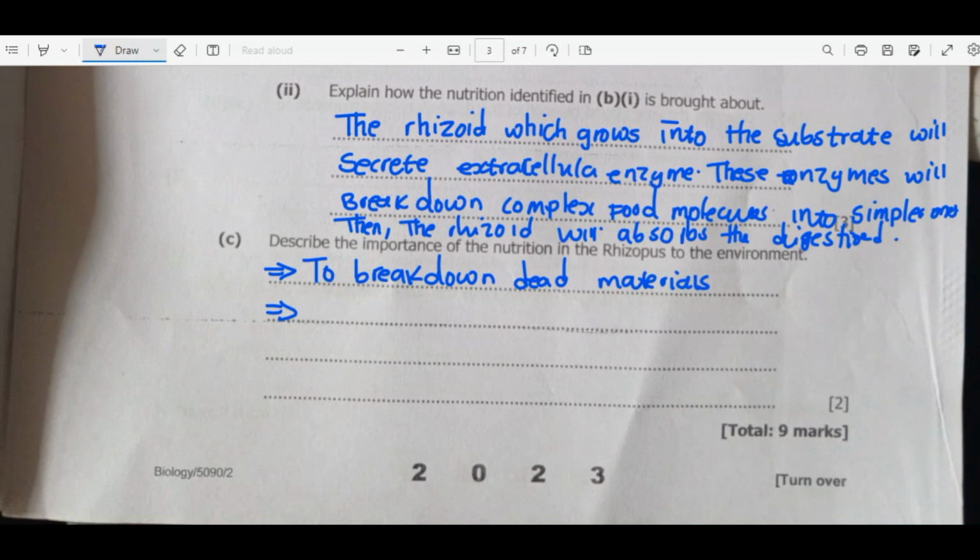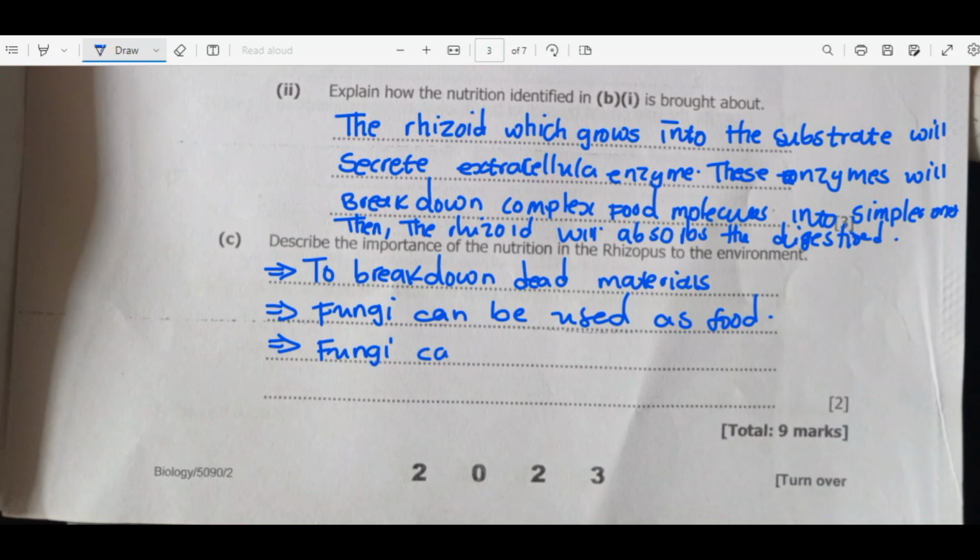Then the second one, we can just look at the whole thing, the importance of fungi, which is the kingdom. We have other organisms found in the fungi kingdom, such as mushrooms, which can be used as food. Fungi can be used in nutrient cycles like the carbon cycle and nitrogen cycle.